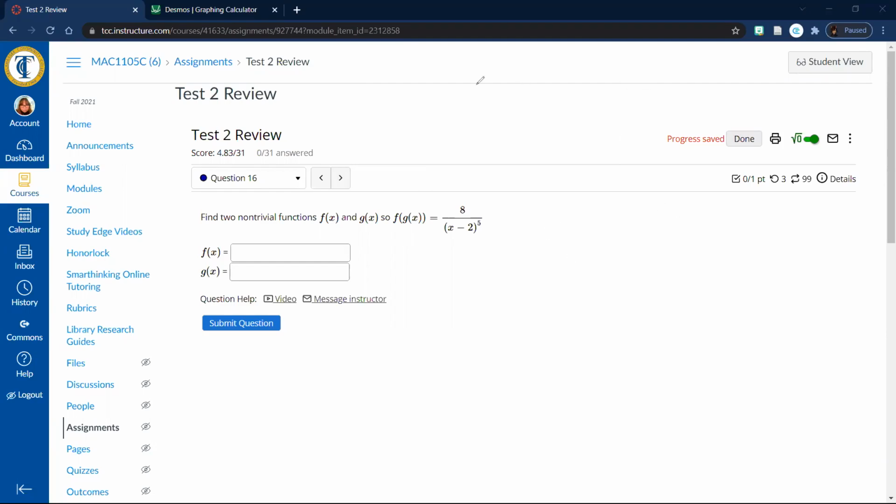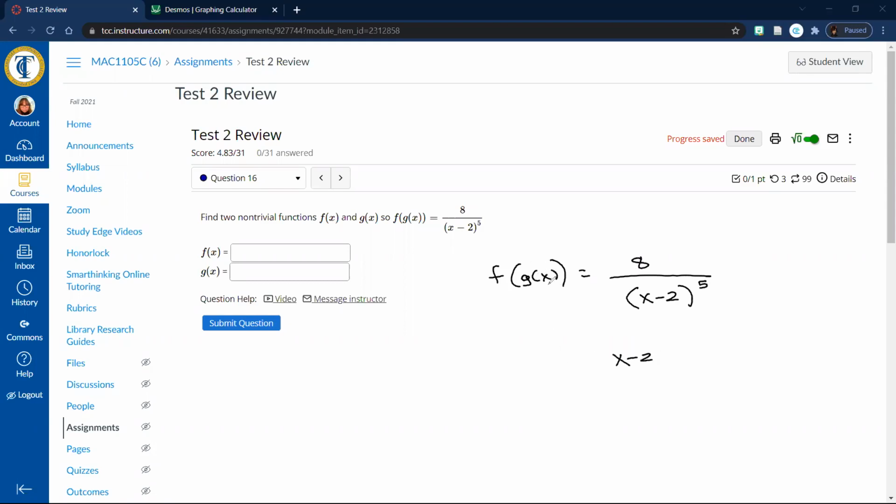Something that I like to do with this is anything that you see that's in parentheses, pull that out. So what do we see that's in the parentheses? x minus 2.